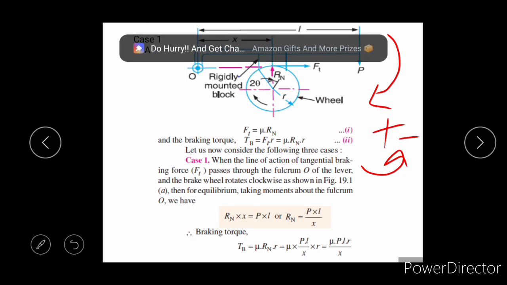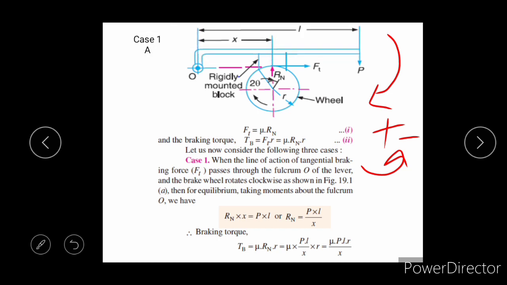So take moments of P into L. P is this force and the line of action of this force will be this. The distance of line of action from the fulcrum O is L. So P into L, in which direction? This is the clockwise direction. It means positive. It means P into L will be positive, right?